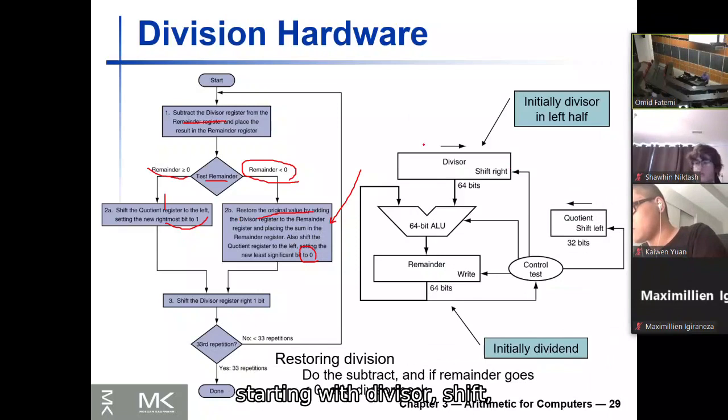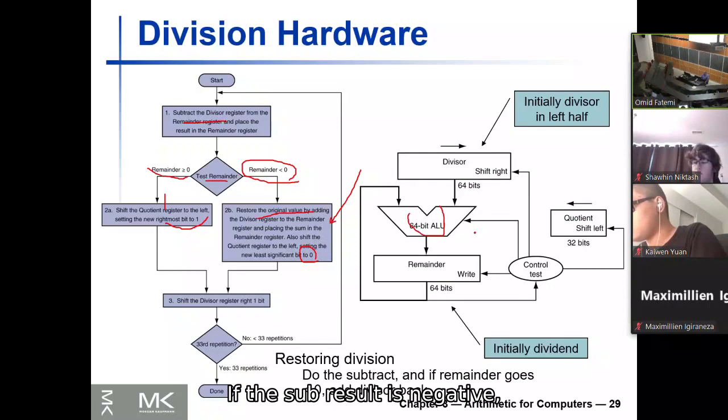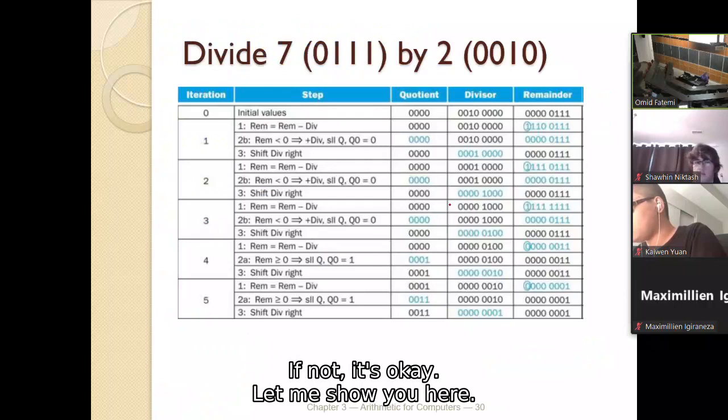So starting with divisor, we shift divisor right 1 time, and then subtract from the remainder. If the result is negative, then it means that it is bad. We have to restore it again. If not, it's okay. So let me show you here.